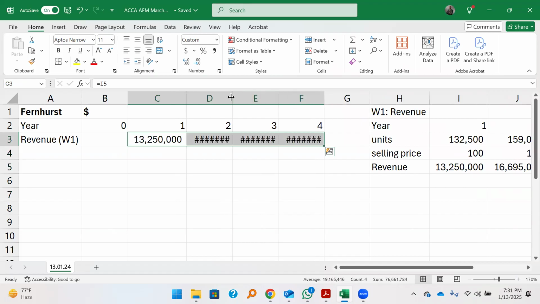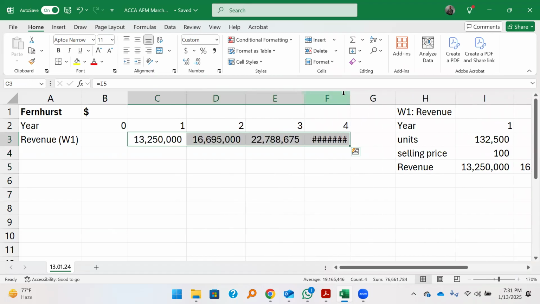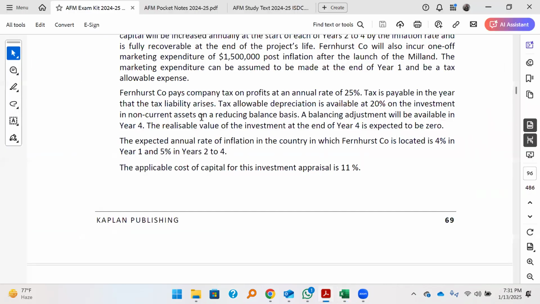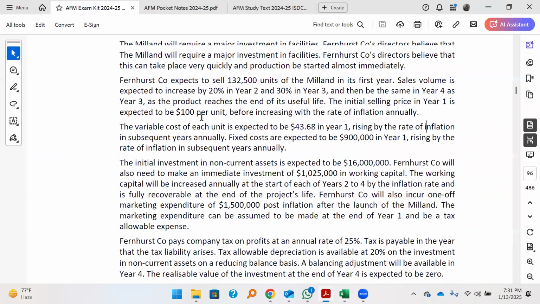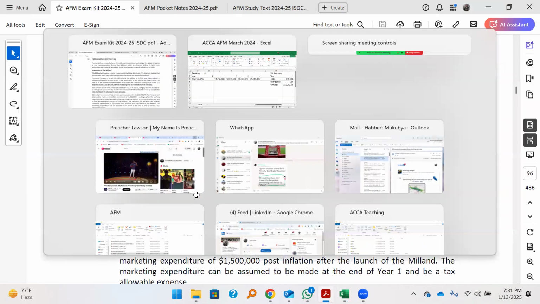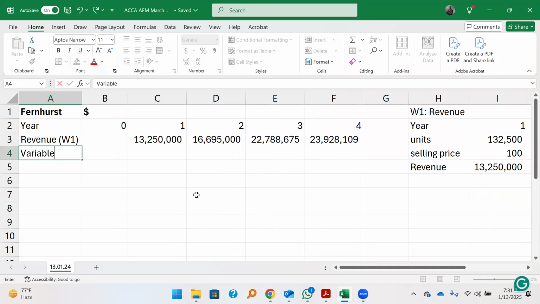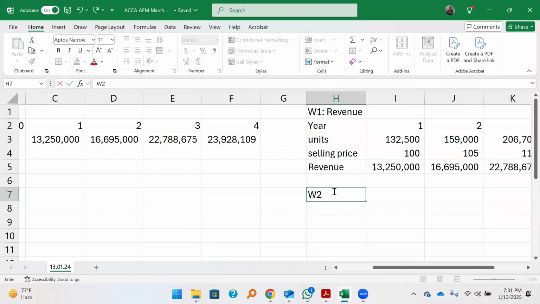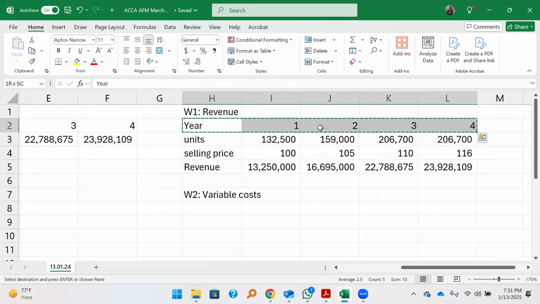Having gotten our revenue, we see what comes next. What comes next is basically variable costs. This is working two. We can still utilize the same years.